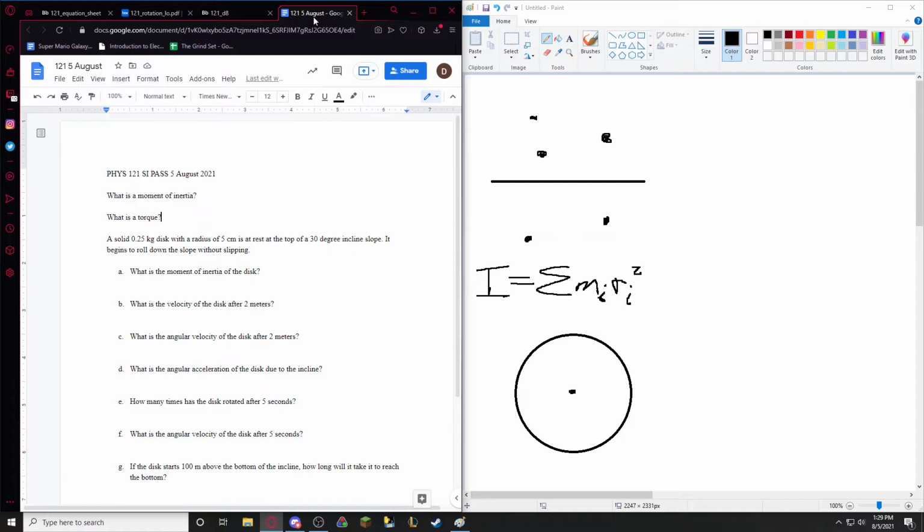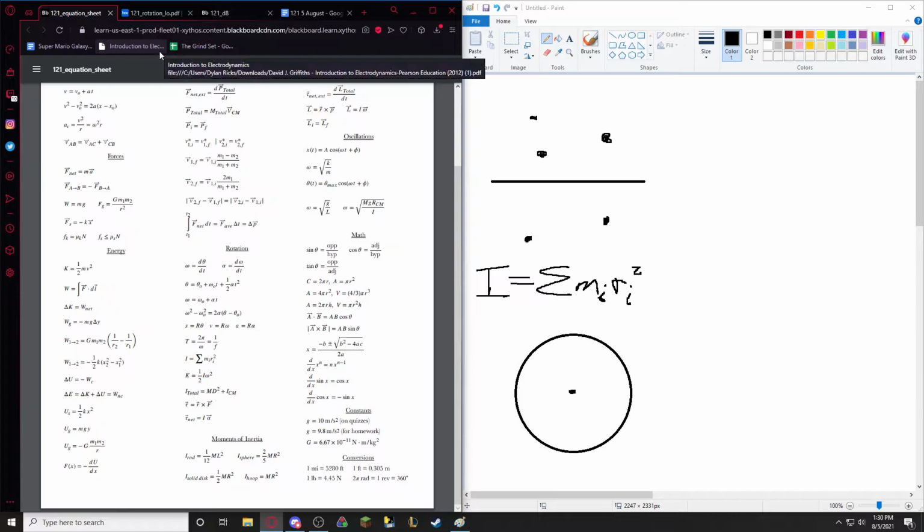In the same way that the mass of an object is a way of resisting motion, if something is more massive, it is harder to accelerate. With a moment of inertia, if something has a high moment of inertia, it is harder to rotate than something with a lower one. The moment of inertia has to do with the rotation of an object, for example the rotational energy, or how much energy it takes to make it rotate.